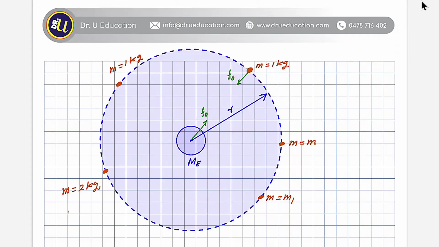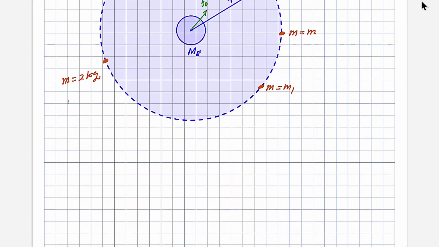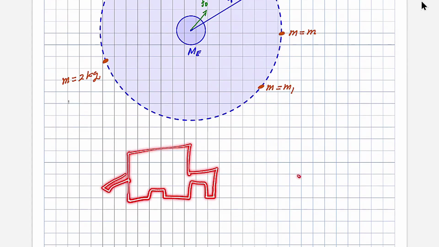Now, let me tell you a funny example. Suppose there is a big elephant and a small ant. Mass M1, mass M2. Now, if you think about gravitational forces, an equal force F is acting on each object, right?